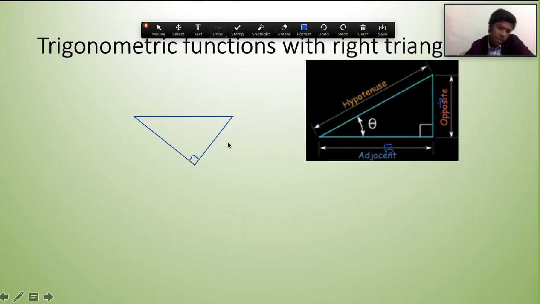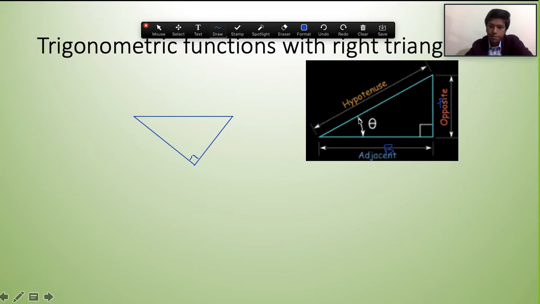But if this is the 90 degree, which one is the base here? Now if you look from this side, then this looks like the base, and if you look from this side, then it looks like the base. So which one is the base here? Actually, the concept is not which one is down here, that is the base. This is not the concept.